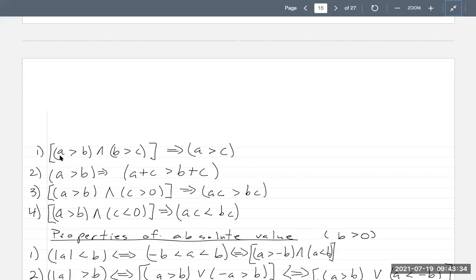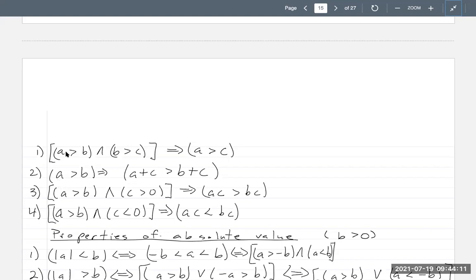There's transitivity. If Albert is taller than Betty, and Betty is taller than Carol, then Albert is taller than Carol.